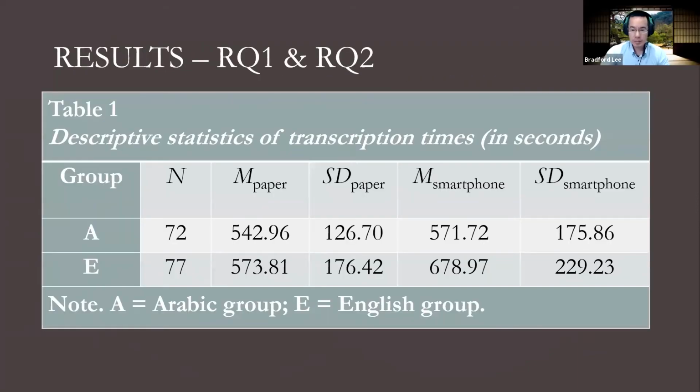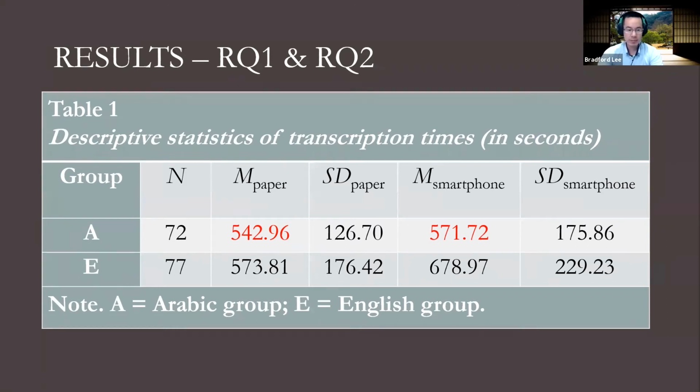So the students were timed on how long it took them to transcribe, either by paper or by smartphone, and I'll present the results. First, the general results, the descriptive statistics of the transcription time. These times are in seconds. As you can see, Group A in Arabic took about 542-43 seconds by paper, and 571-72 seconds by smartphone.